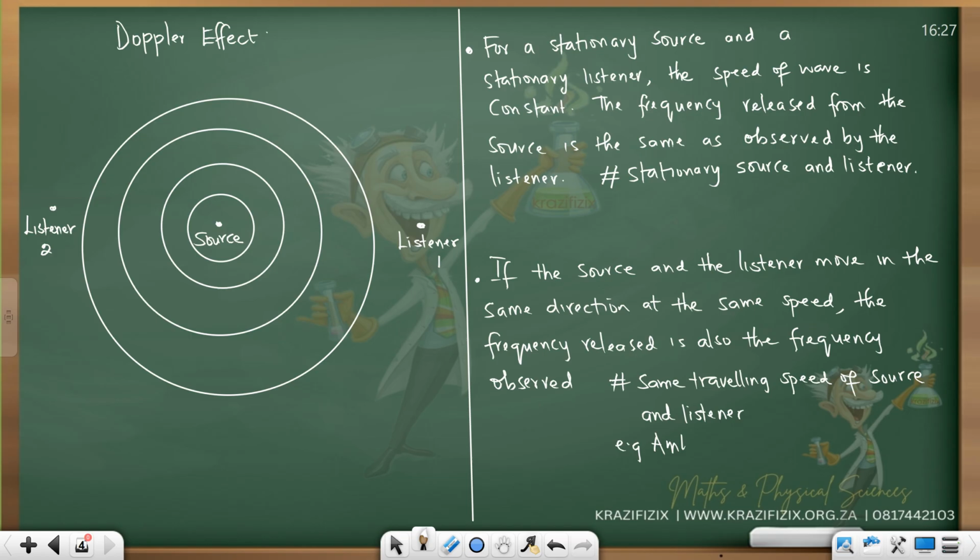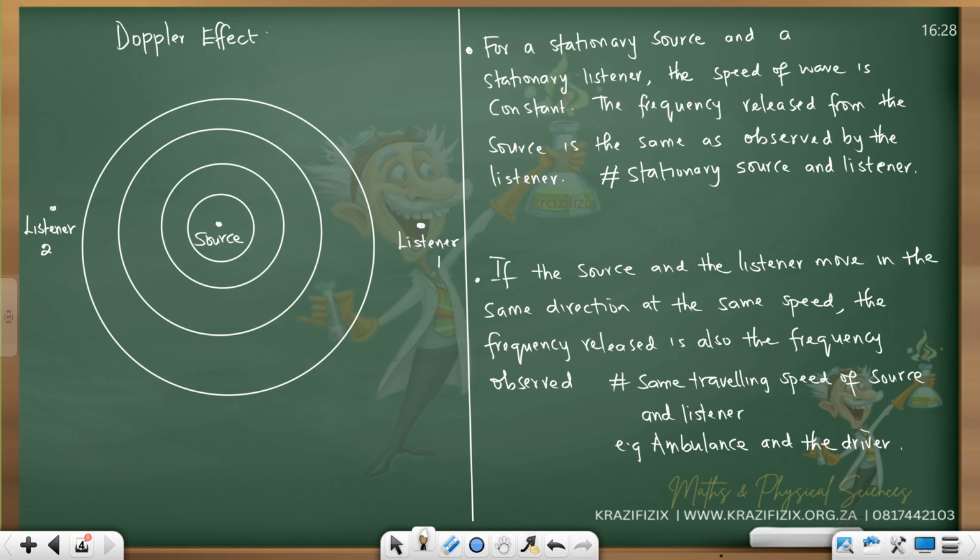Example, an ambulance and a driver. The ambulance and the driver are traveling at the same speed.